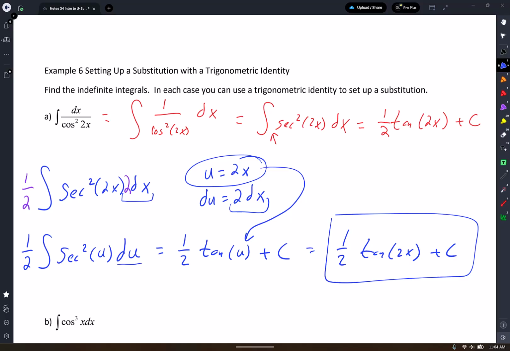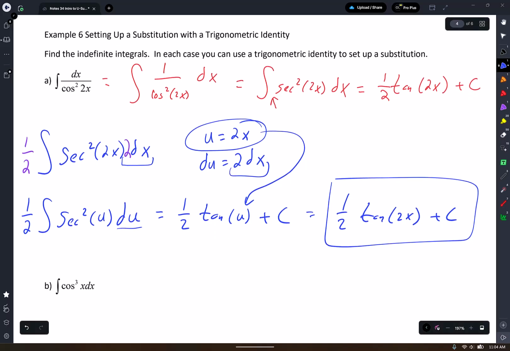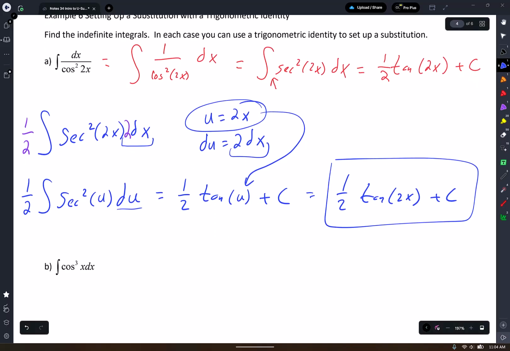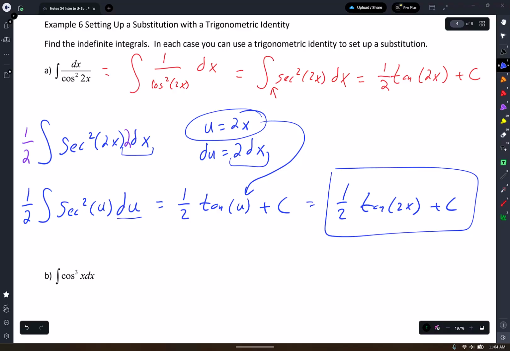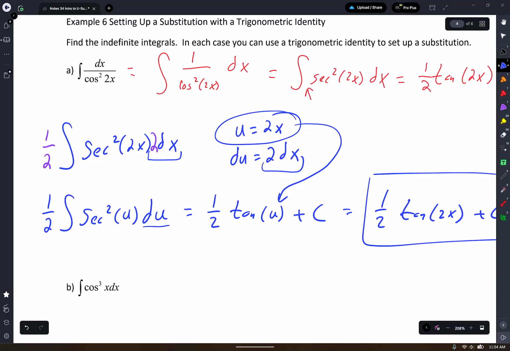How do you guys feel? How do you know which one to use? Whatever one is the one that you feel most comfortable with. Do you like the red one or the blue one? Or neither? You ask yourself, what can I do to make the integral easier to integrate?